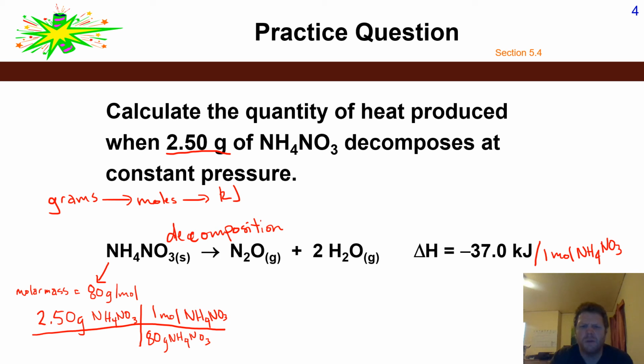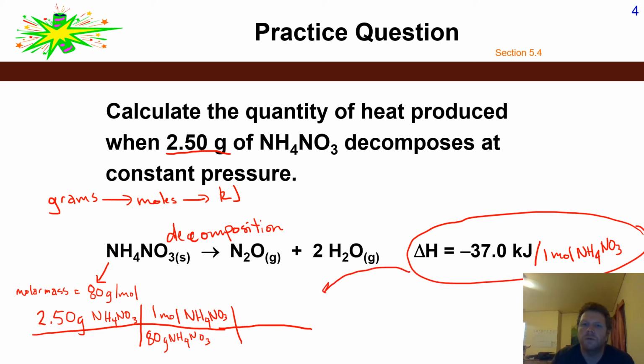So we have considerably less than 1 mole. We only have 2.5 grams, and 1 mole is 80 grams. Then if we complete this dimensional analysis, that's where we bring in this enthalpy factor: negative 37 kilojoules per 1 mole. So we want to plug that in, negative 37.